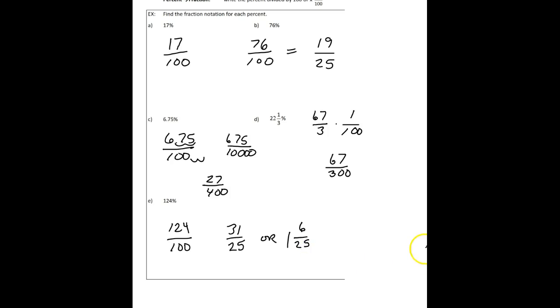I would take either one of those as well. So that's how we work on converting between fraction and percent notation. If you get stuck, don't forget you can refer back to section 6.1 on how to go between percent and decimal notation. And I'll see you in the next lesson.